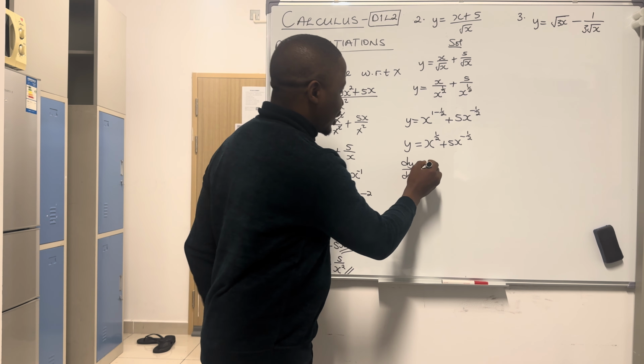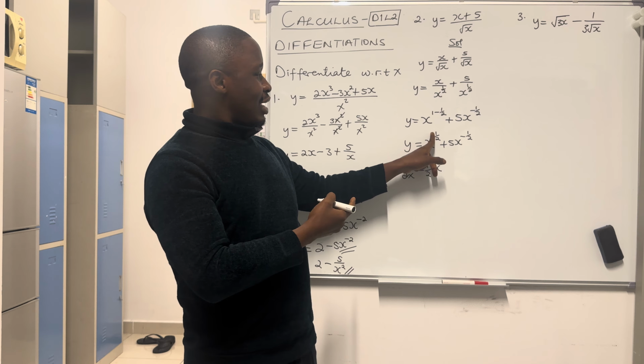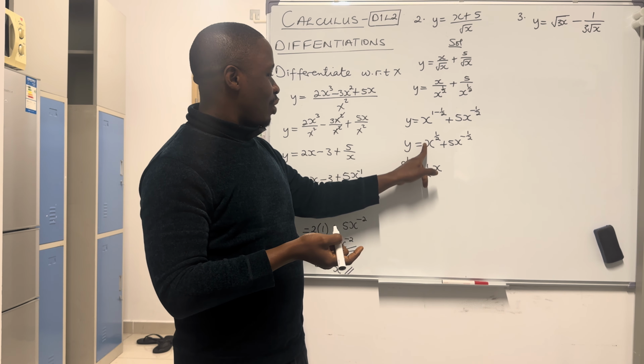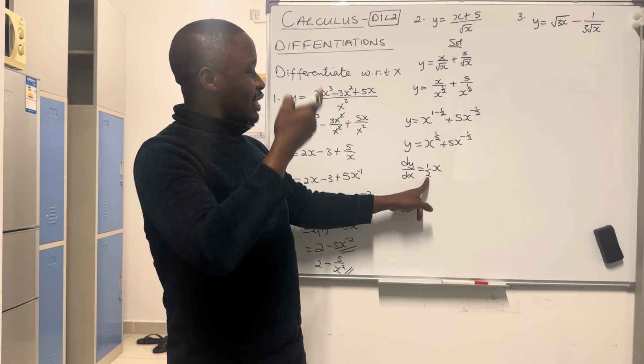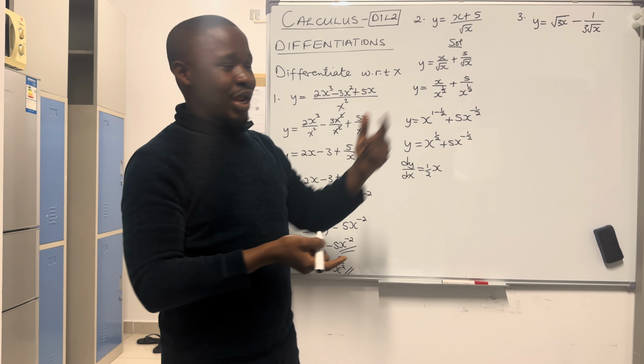Now the next thing we do is the power minus 1. We must always say this word: the power. Having said the power times the coefficient, the next thing we do is the power minus 1.